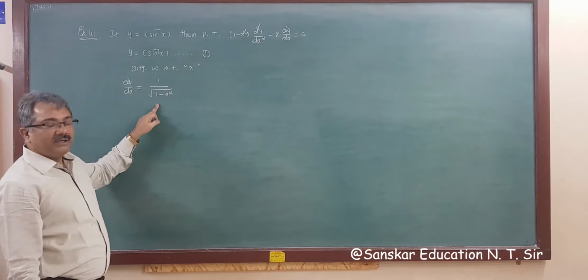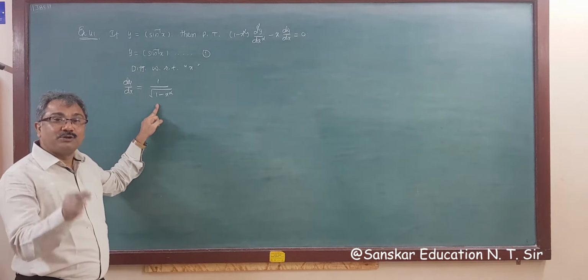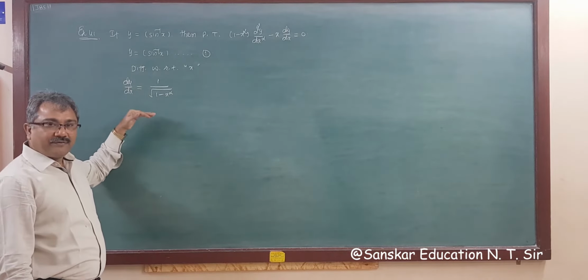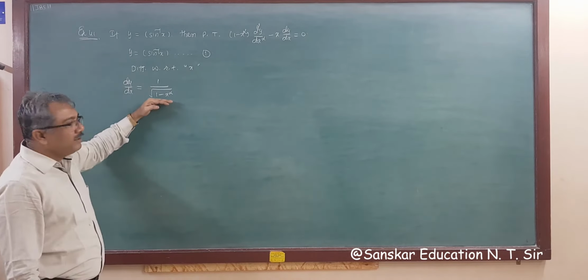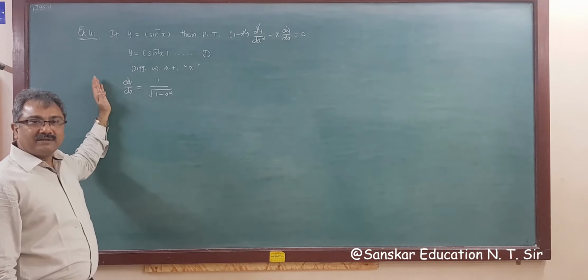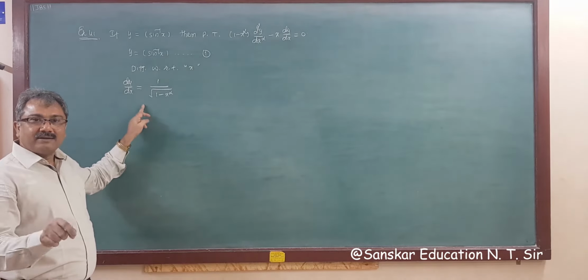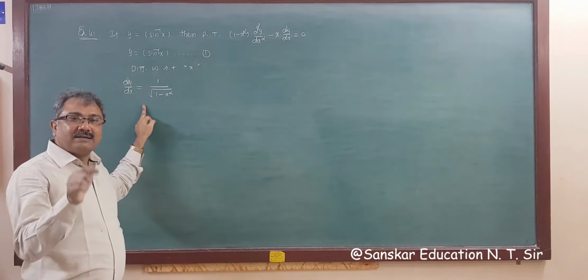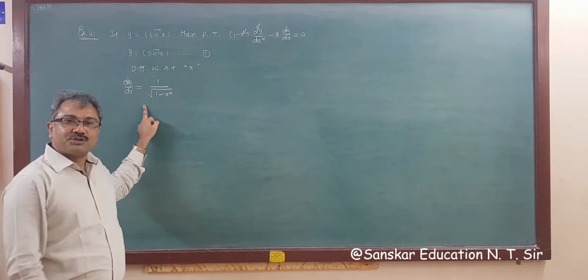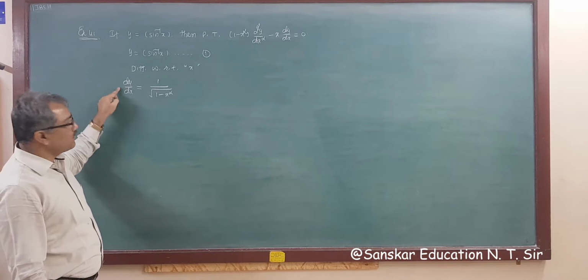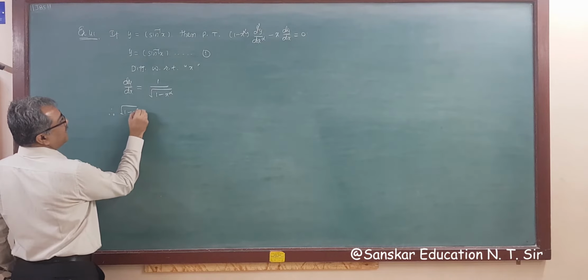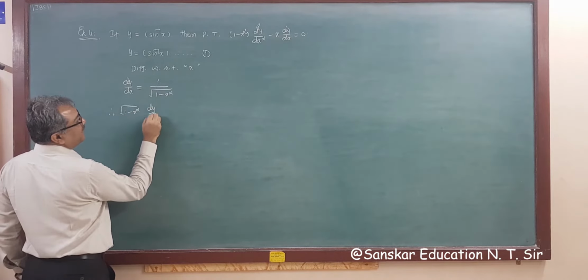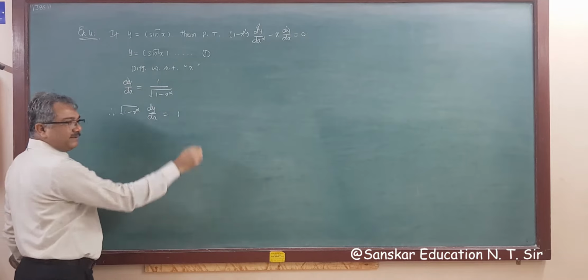This is a standard formula. Now, as I told you earlier, if after finishing the first derivative there is something in the denominator, cross multiply, and if the denominator is a square root, then square both sides. So this is square root of 1 minus x square into dy by dx is equal to 1.